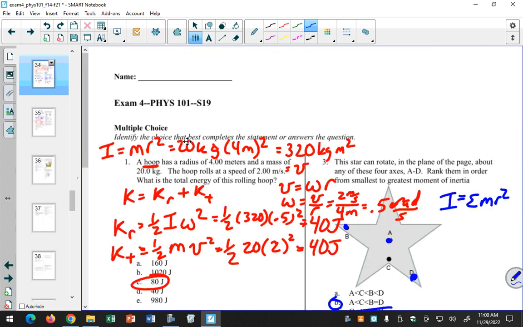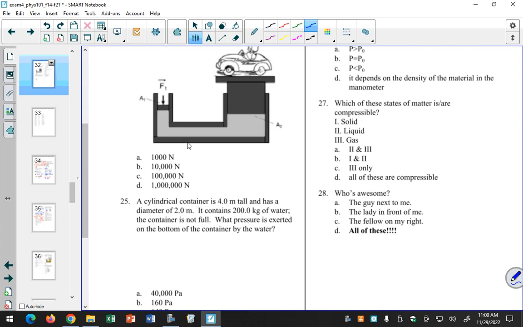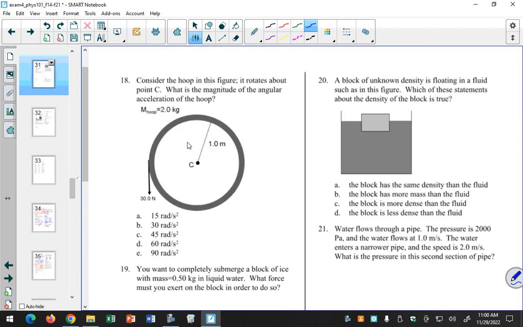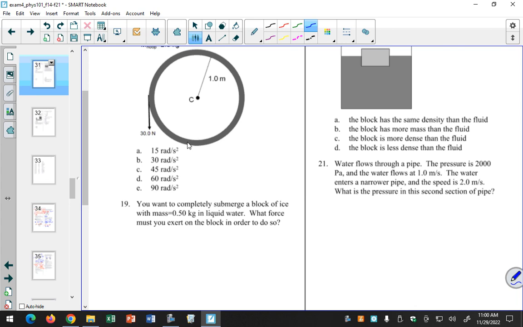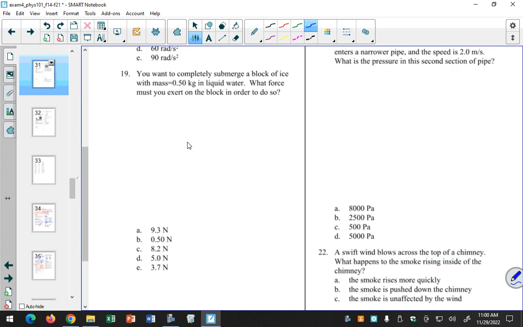Yeah, I don't have any good ones here. Okay, let's look at 19. You won't see one exactly like this, but it's a good one to think about with Archimedes' principle.